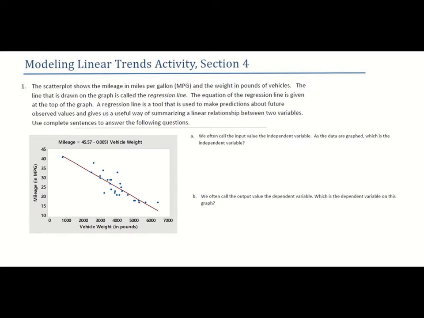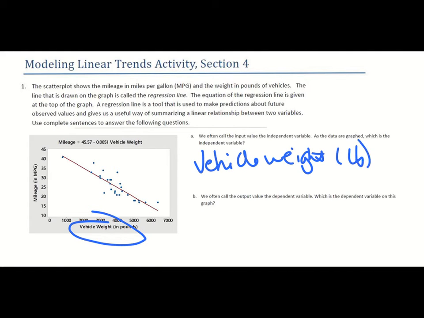So A says we often call the input value the independent variable. Again, this is just reviewing. What is the input variable? Your input variable is your vehicle weight, and that's in pounds. And then what is your dependent variable?